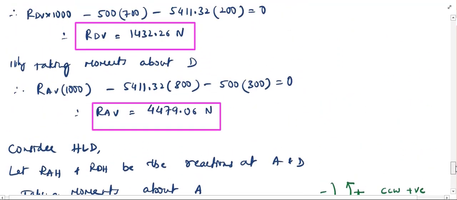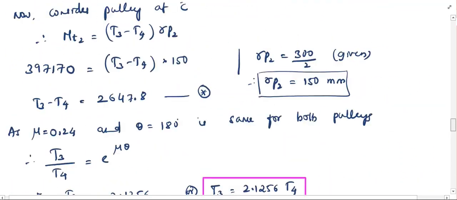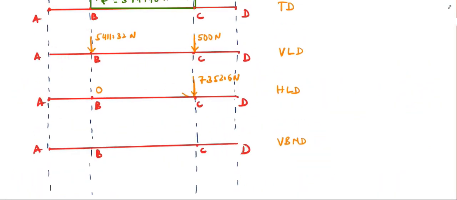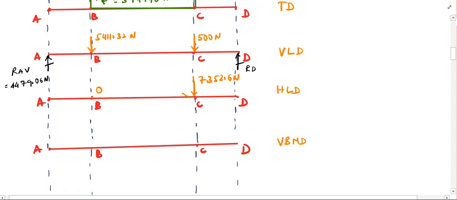So let us mark all these values on the diagram. The reactions will be indicated here. So this is your reaction RAV, and that is equal to 4479.06 newtons, and this is your RDV, and that is equal to 1432.26 newtons.